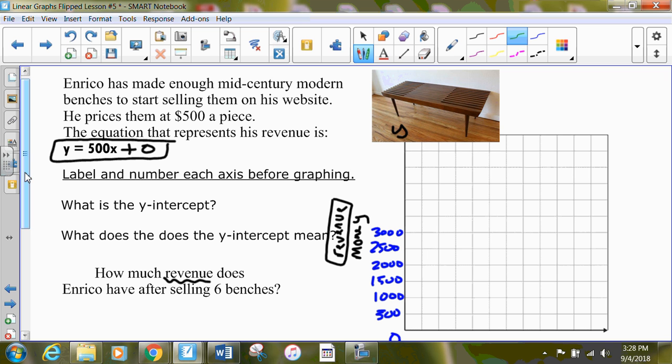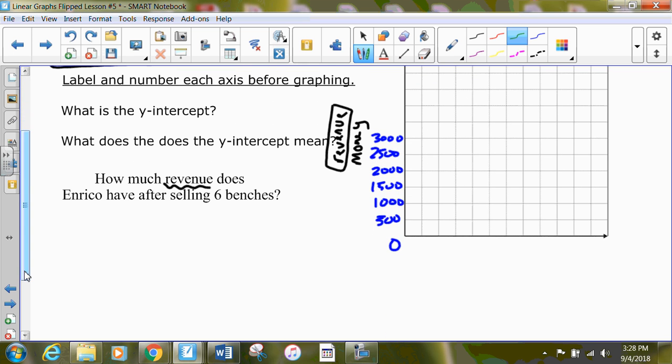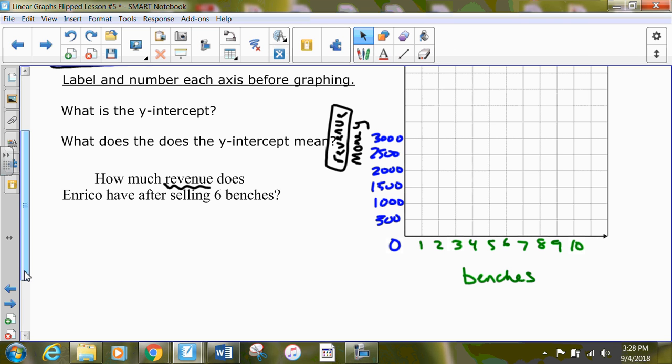Okay, so he prices them at 500 a piece. So amount of furniture, it's a bench, right? So these are benches sold, right? So 1, 2, 3, 4, 5, 6, 7, 8, 9, 10. And here we go. Let's graph.